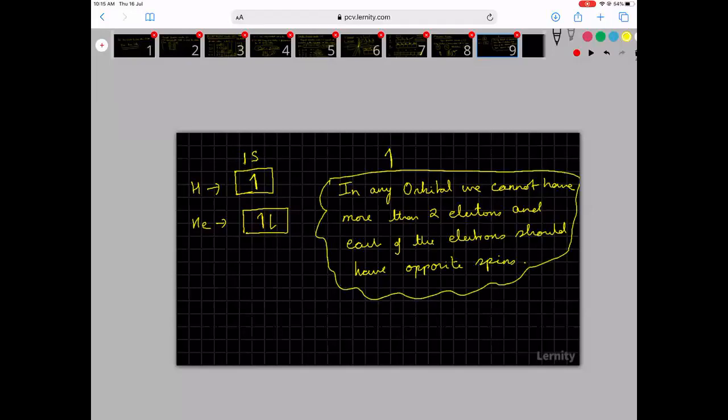Okay, please write this down. In any orbital, we cannot have more than 2 electrons. And each of these electrons should have opposite spins.